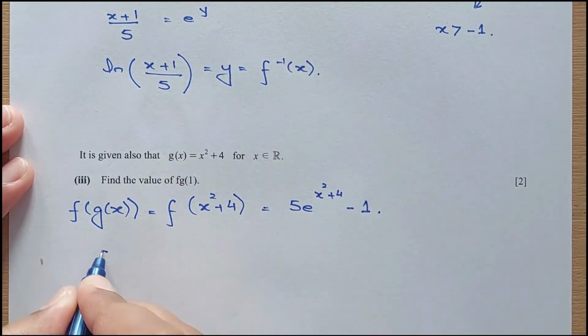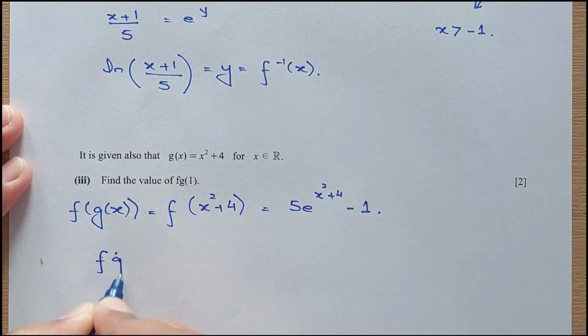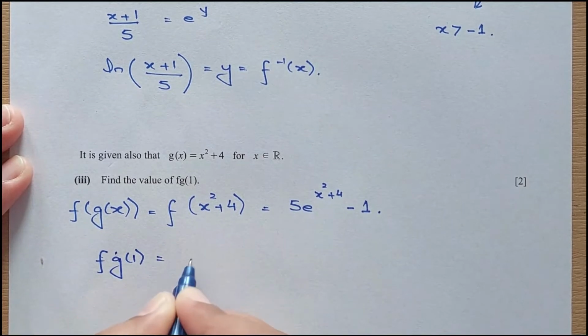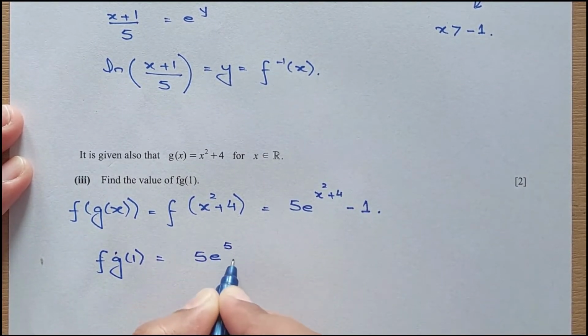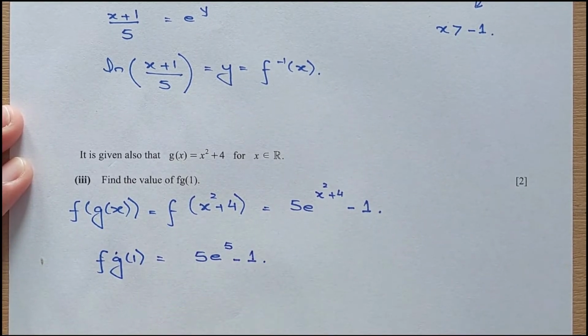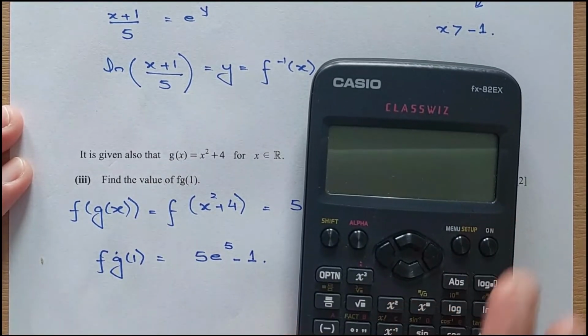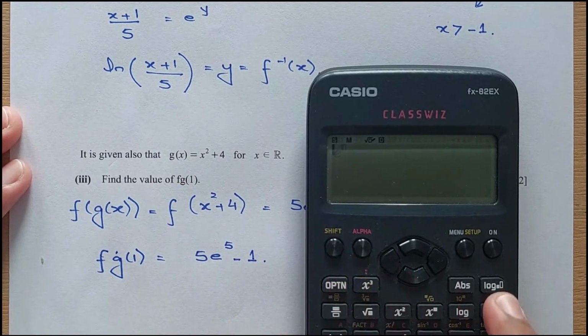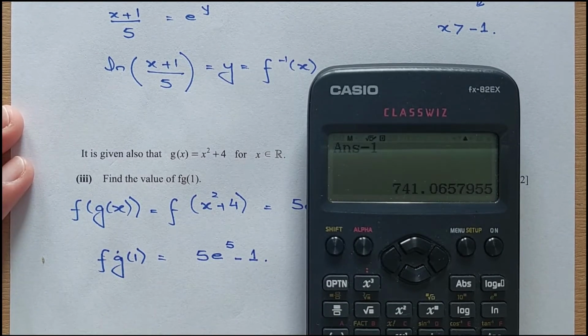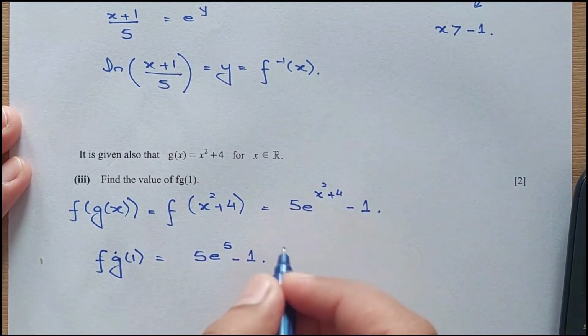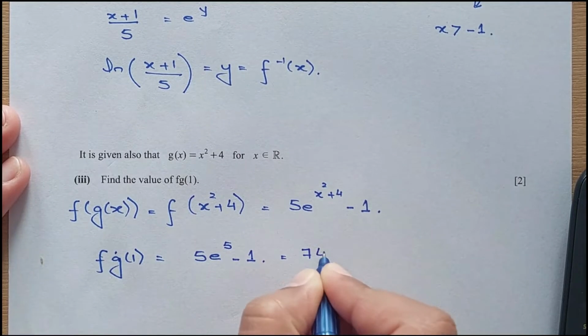Now let me find the value of fg of 1. So 5 e power (1 square plus 4) minus 1, 1 square is 1, plus 4 is 5. Now let me simplify. e power 5 times 5 subtract 1 is 741.06, or just 741.